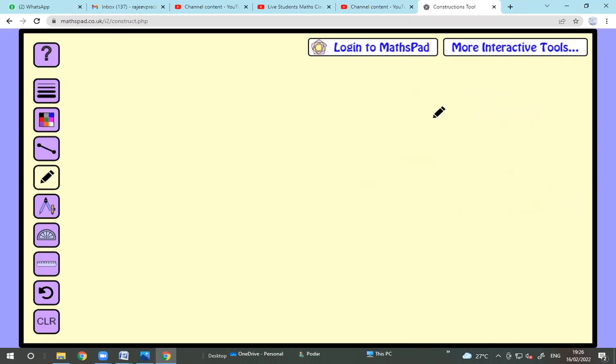Clearing this and going to the exact example given in the textbook. Construct a rectangle ABCD with AB and BC given. Rectangle रफ स्केच बनाना है, बट रफ स्केच हमको मालूम है कि वो एक रेक्टेंगल है, तो एक रफ स्केच भी हमारा क्या होगा, एक रेक्टेंगल होगा.